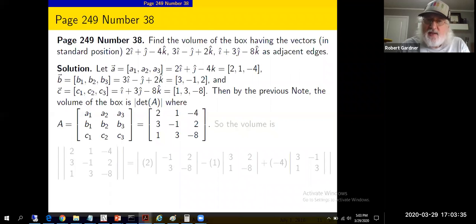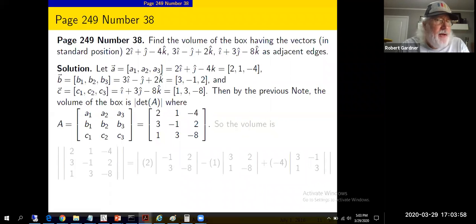I think it's isolated to this section. Otherwise, vectors have gone into matrices as columns. You know the story. So we'll put these into matrix A as rows. So vector A, first row, vector B, second row, vector C, third row. All we got to do is take the absolute value of the determinant, and that's the volume.